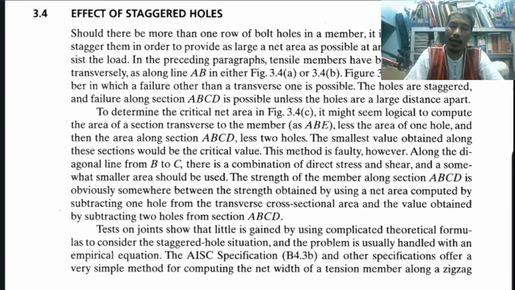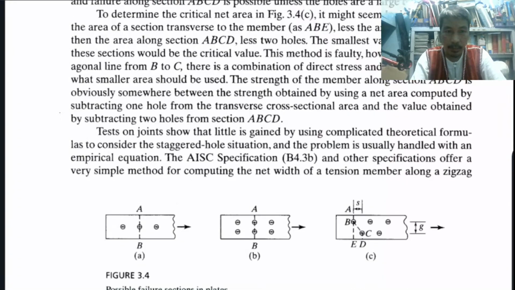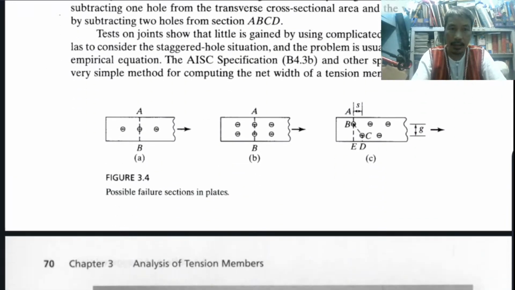That is the smallest value of cross-sectional area that presents resistance to failure. So remember those concepts. Now let us show you the figure.